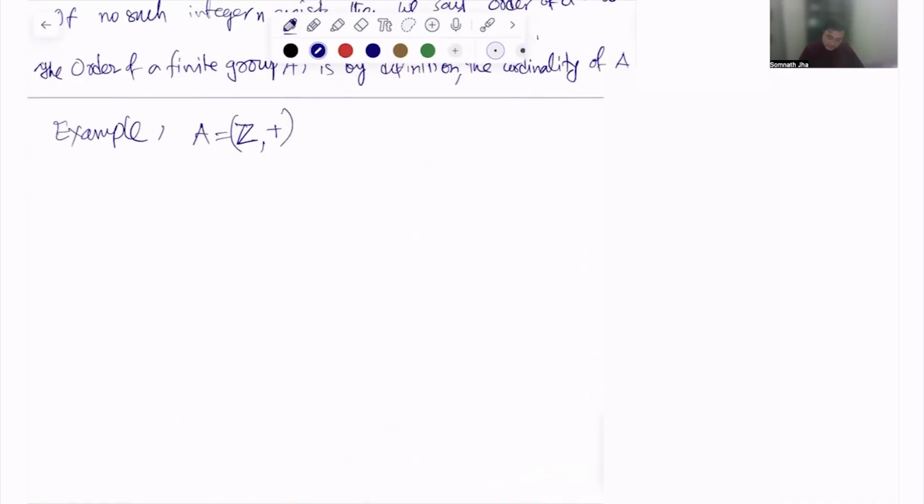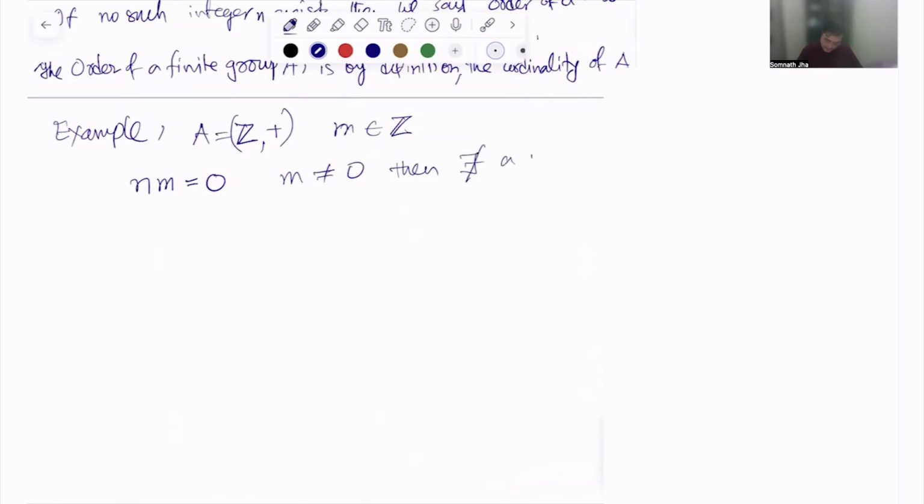Then if m belongs to Z, the order is the smallest integer n so that n times m equals 0. 0 is the additive identity, right? But there is no such n if m is not equal to 0.